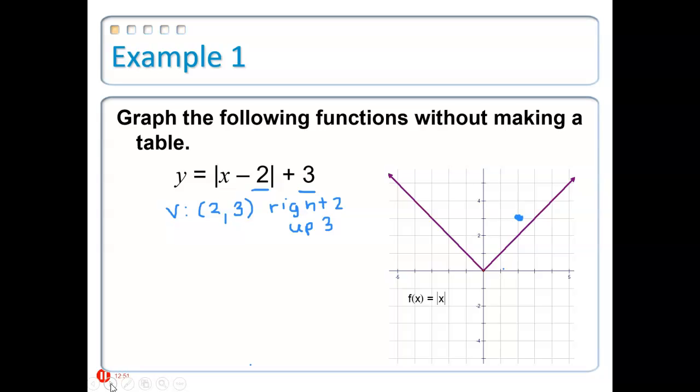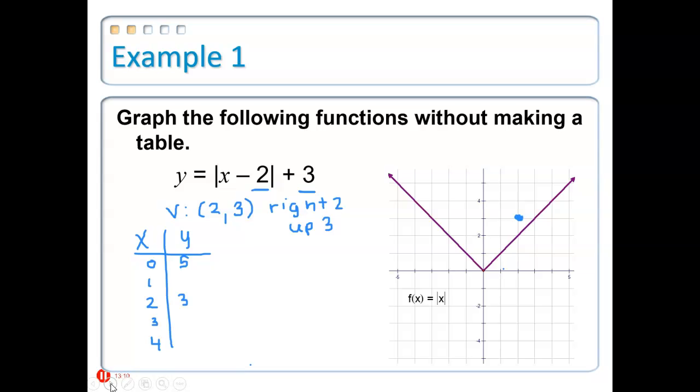So again, if I were to make that table, we'd be looking at 0, 1, 2, 3, and 4. At 0, we'd get 2. 2 plus 3 is 5.